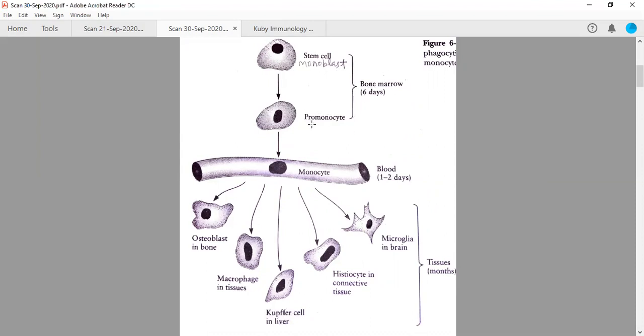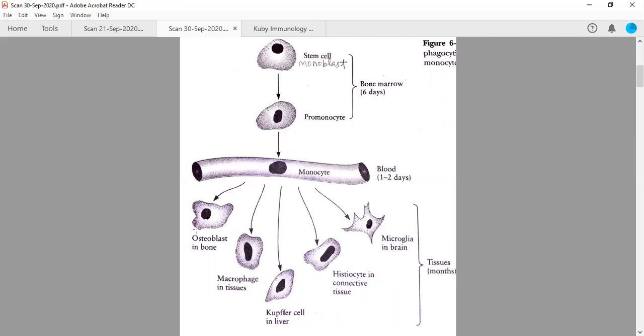Then these promonocytes will come from the bone marrow into the blood circulation. In blood, they are called monocytes. So promonocyte will be converted into the monocyte. Monocytes generally have a 1 to 2 days lifespan in the blood, and then they will move to the tissues.